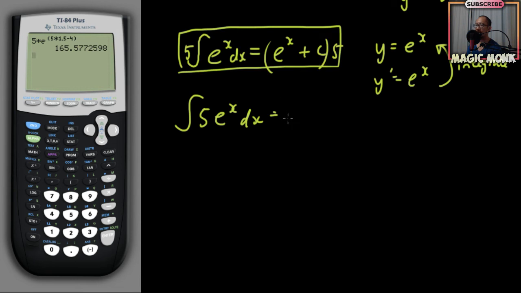So then the answer is 5e to the x plus, now you would write 5c, but 5c is just a constant again. Anything times by a constant is just another constant that we don't know about. So you can just write c. Yeah, that's the answer.